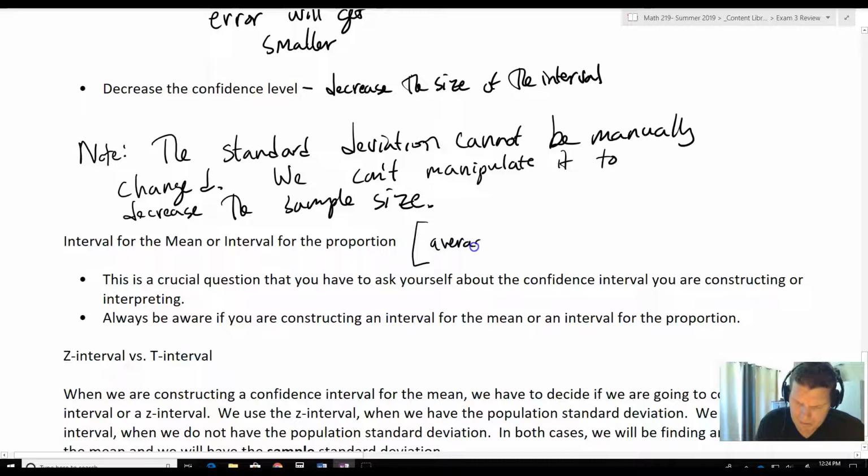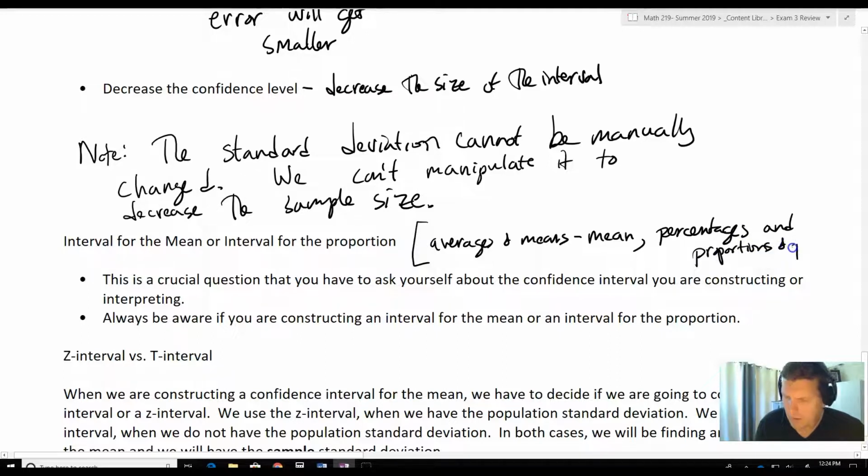Averages and means: that's a mean. Percentages and proportions: that's a confidence interval for proportions.